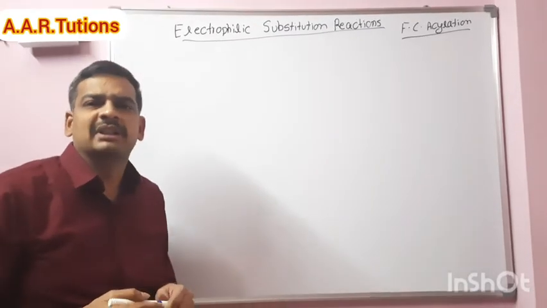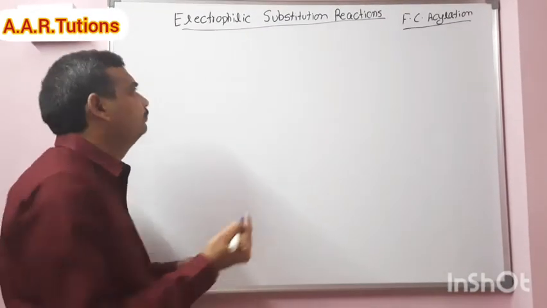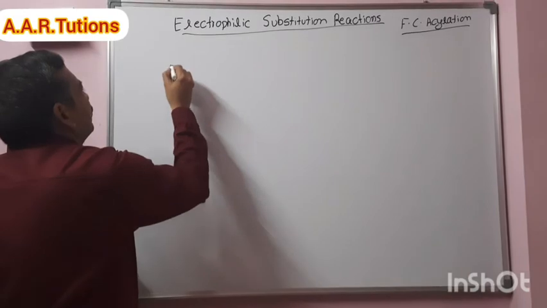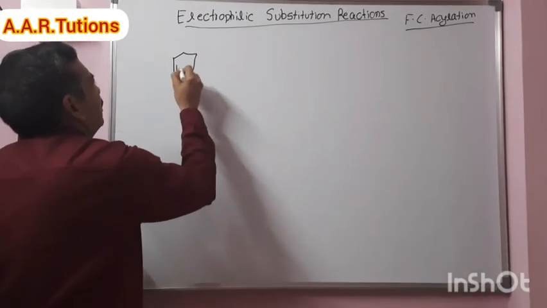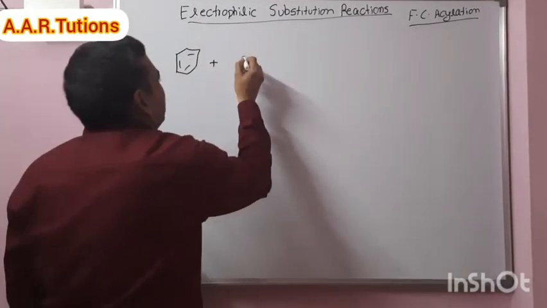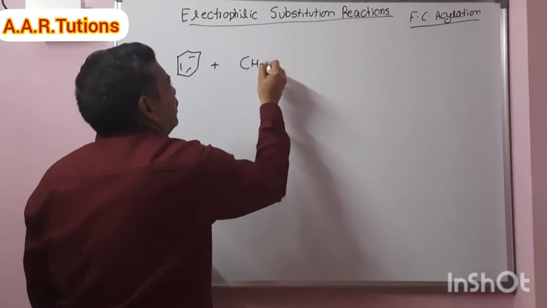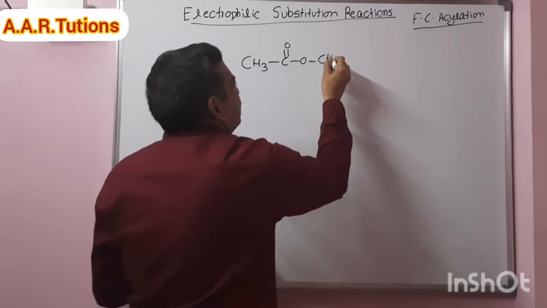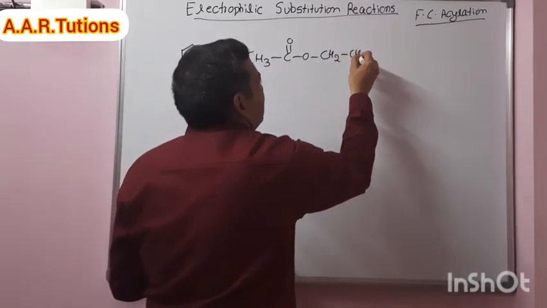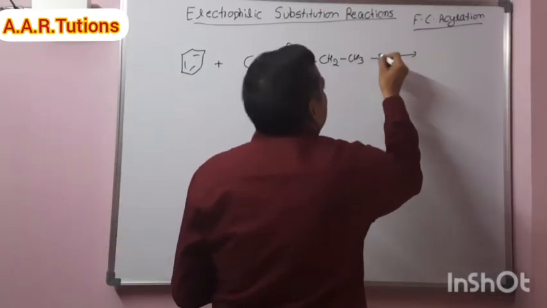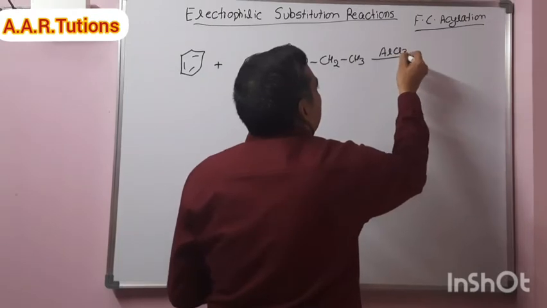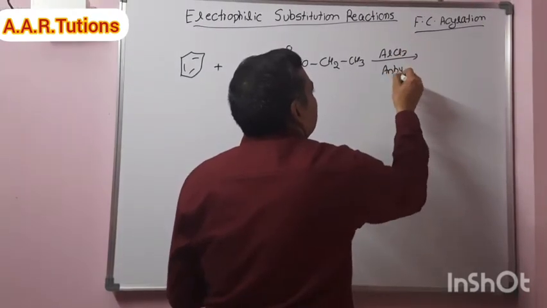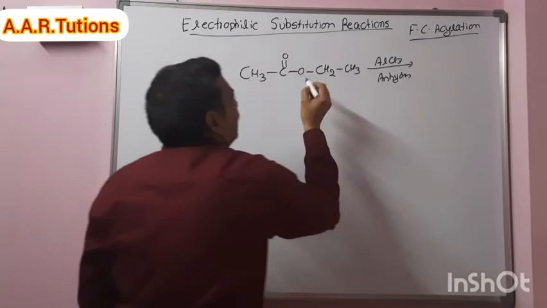Now we will discuss some problems with ester. When benzene reacts with an ester, ethyl acetate, a simple example, COO, CH2, CH3, in presence of AlCl3, anhydrous.